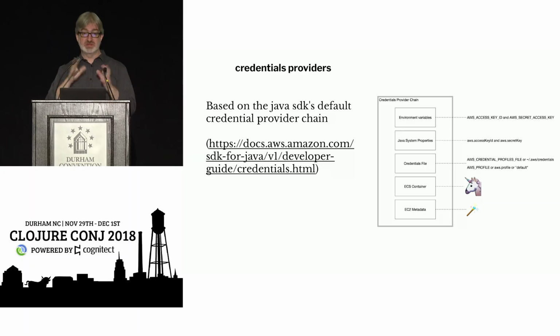Or you can say, once you get the file, instead of using the default profile, use this particular profile for this case. And you do that all without touching any code. That's through environment variables. Then there's also two other providers that happen when running in AWS, and you don't have to worry about those. They're magic.